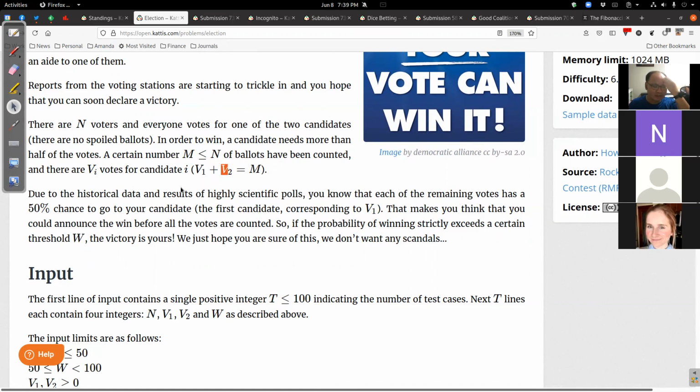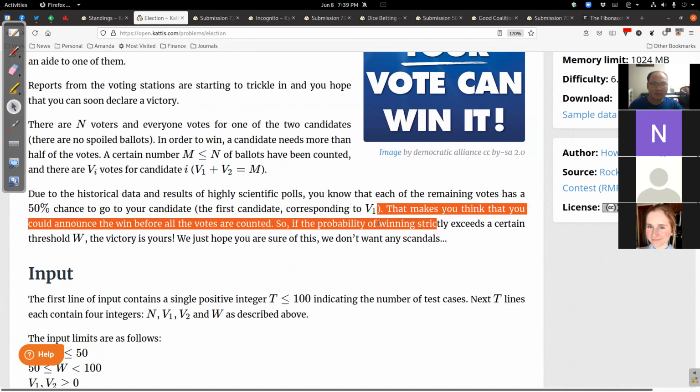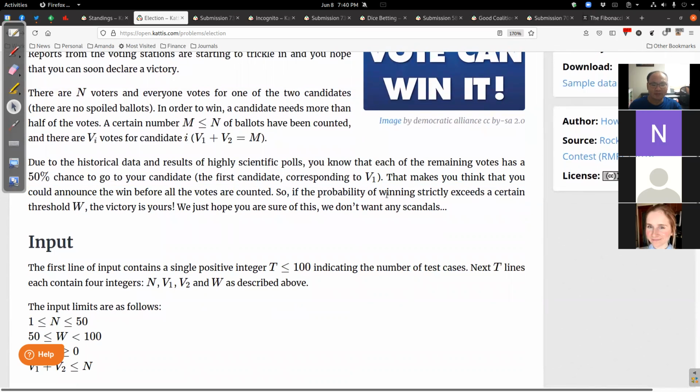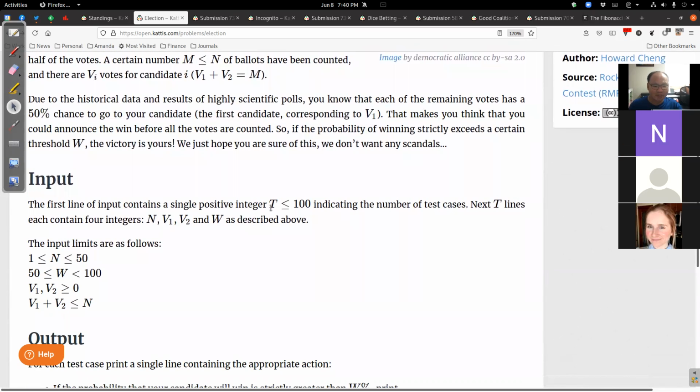Now, you assume that each of the remaining uncounted votes has a 50-50 chance to go to either candidate. In real life, you might have a different percentage, but for this problem, we're going to assume that every vote has a 50-50 chance of going to the two candidates. That makes you think that you can announce the win before all the votes are counted. So if the probability of winning strictly exceeds a certain threshold W, the victory is yours, but we better be sure of this. You have up to 100 cases.